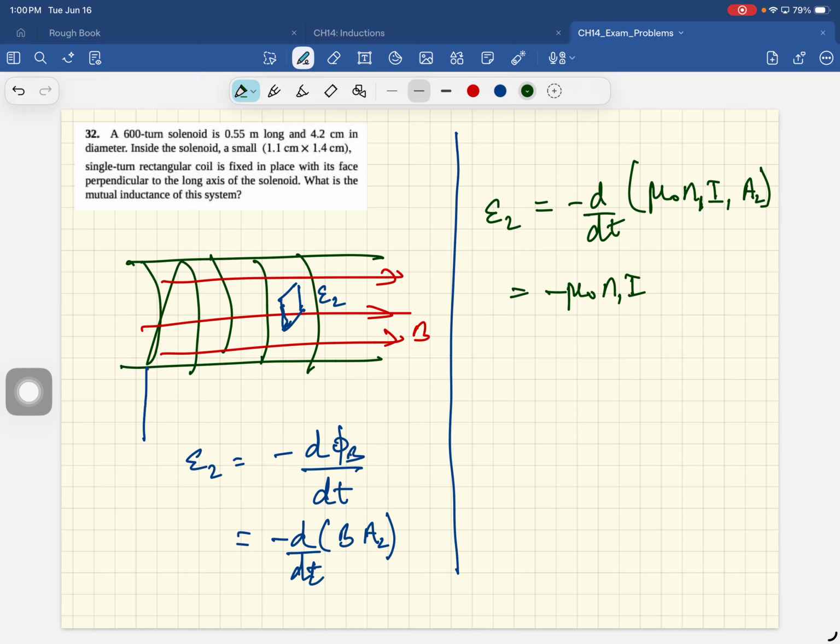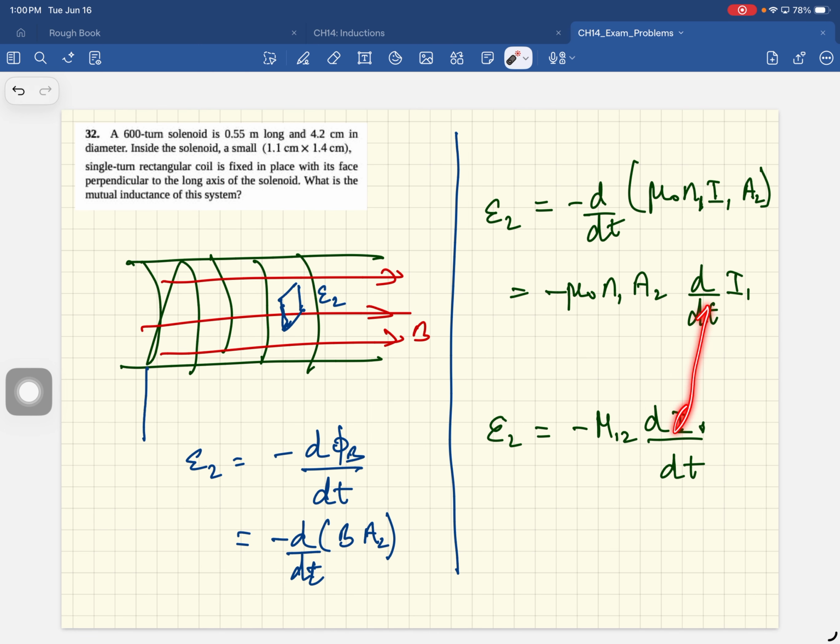So here's the expression. Mu naught is 4 pi times 10 to the minus 7. N is 500, divided by 0.5 meters squared.